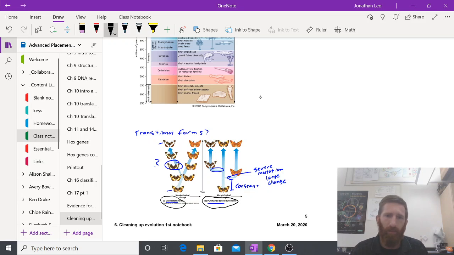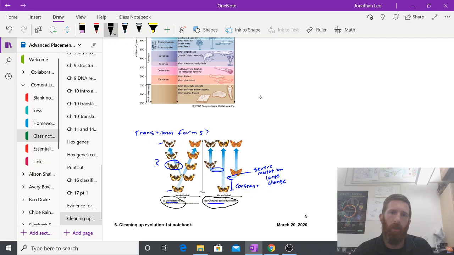Different things are selected for, different things are selected against, and then boom, in a couple thousand years, maybe we have this new species right here, and then boom, another change, and we have this new species right here. But for most of the time, it's in equilibrium. It's kind of constant, and we see that in the fossil record.